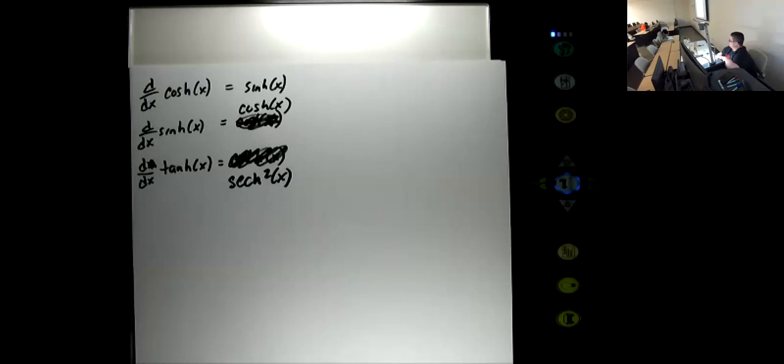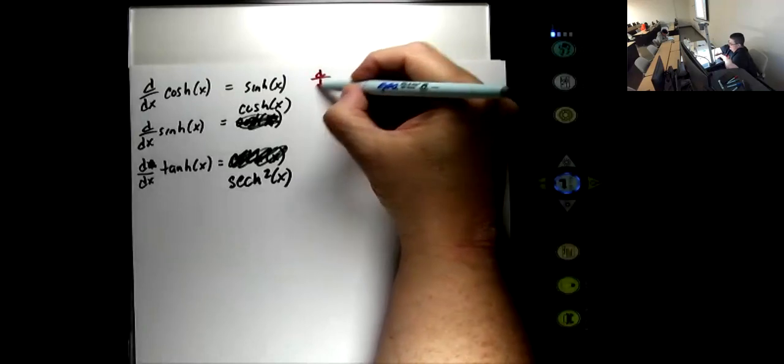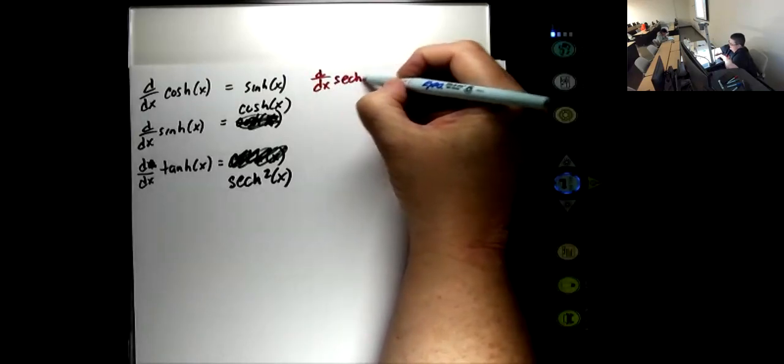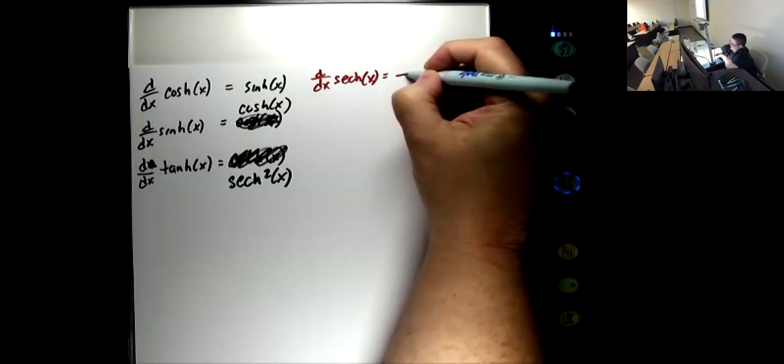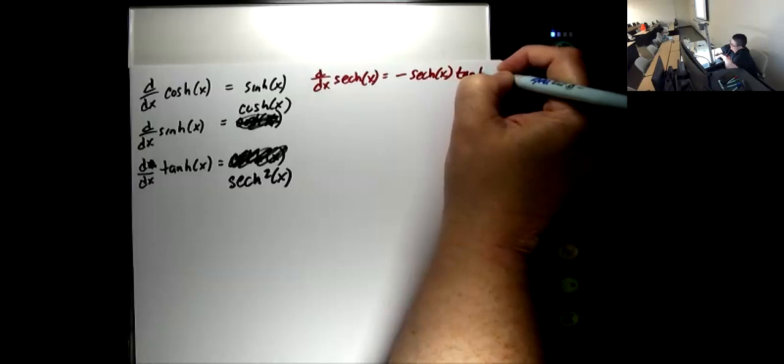So they have the same setup as the original trig functions. When you do the derivatives, like the derivative of tangent is secant squared, you just have to pay attention to the signs. All the ones that go negative are the other ones. Derivative of secant x, or hyperbolic secant x, is negative secant x tangent x, or negative hyperbolic secant x hyperbolic tangent x.